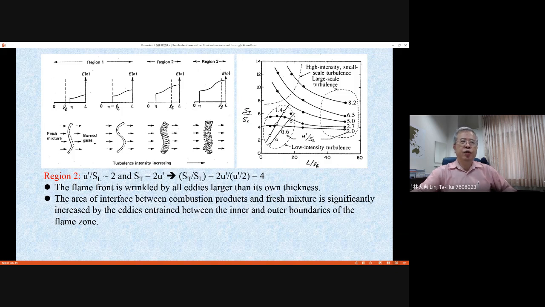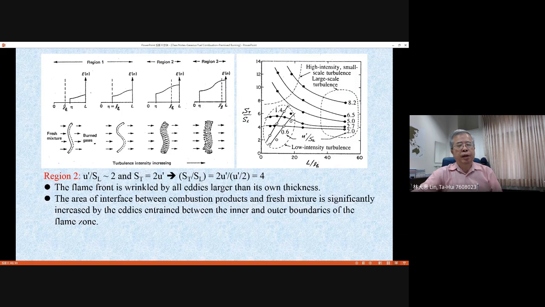And we change the structures from low turbulent intensity to large turbulent intensity when you have a velocity fluctuation ratio larger than 2. Okay, region 2 tells you this is a very critical situation. Now the small eddies penetrate into the flame thickness, the flame zones, to broaden your flame thickness.